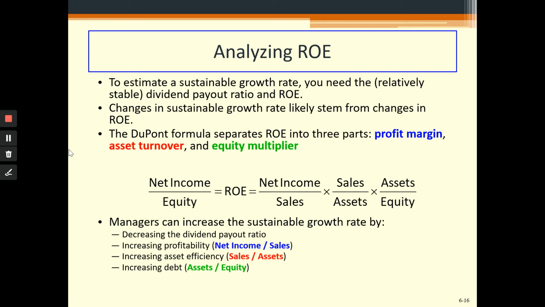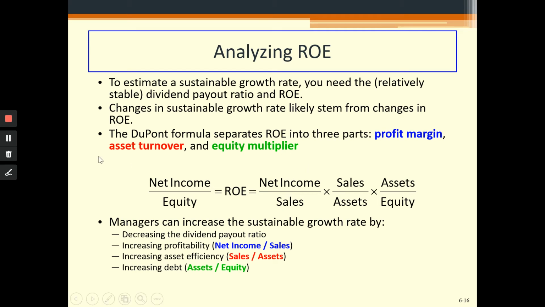The number two is we can expand this return on equity into three portions, right? And one is the profitability. How much percent of the sales are we saving after paying all the expenses? So this we can remember.